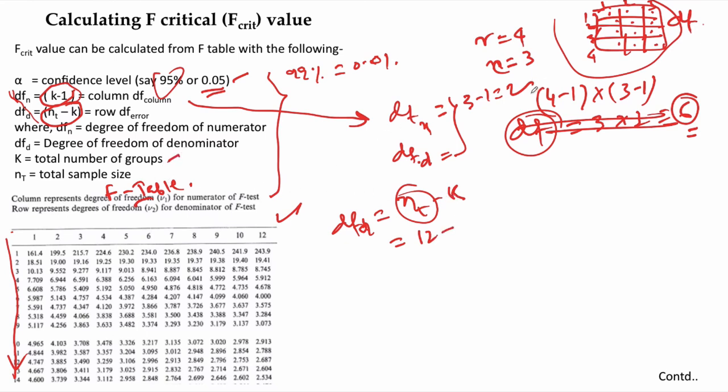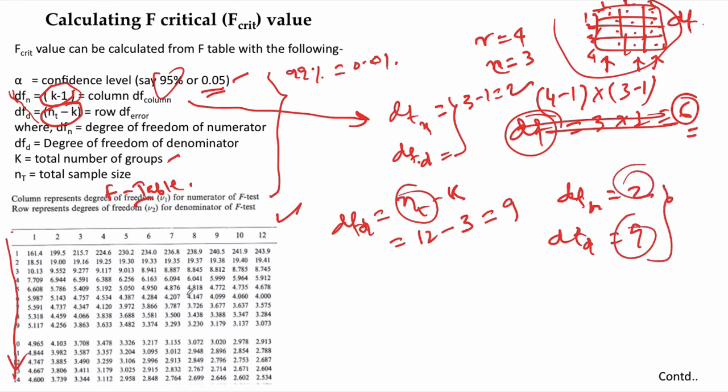How many groups do I have? Group 1, group 2 and group 3. So minus 3, which is 9. Clear? So herein the degree of freedom of the numerator is 2 and the degree of freedom of the denominator is 9. Now considering these 2 and 9, we can find the critical value.